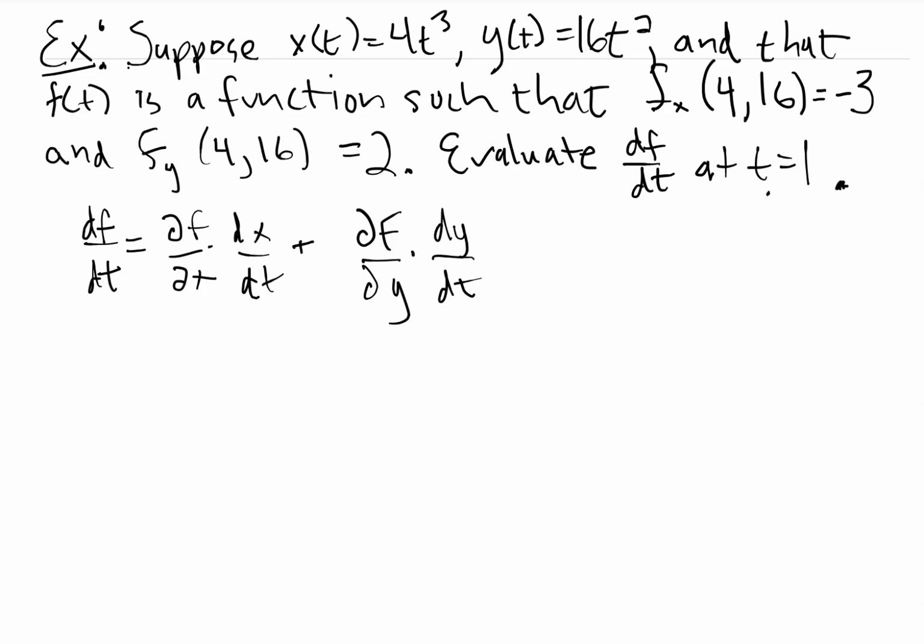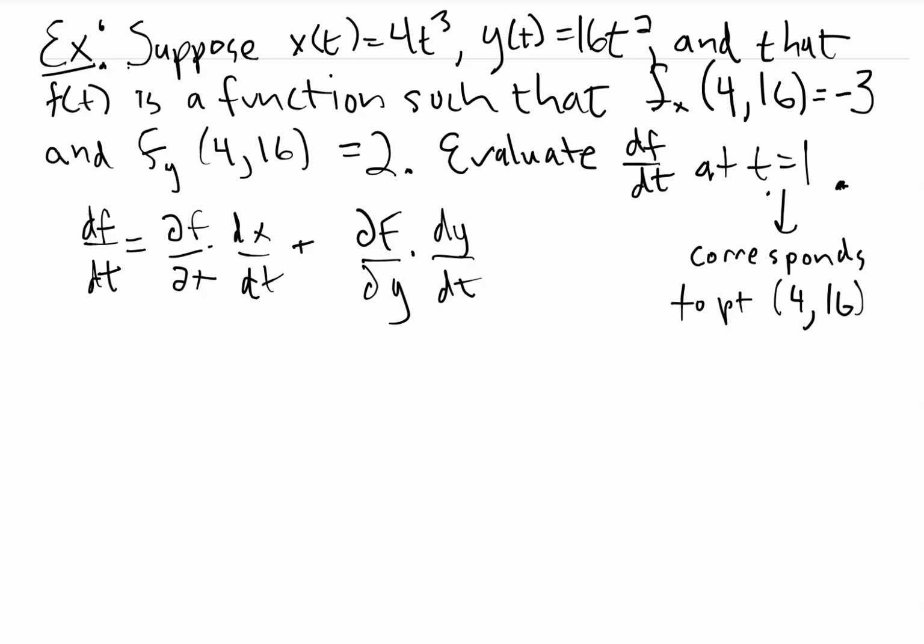One thing that I'll note, which is why all of this is given to you in this particular problem, is that t equals 1 corresponds, if you actually plug it into your x and y coordinates, to your point: 4 times 1 cubed, which is 4, and 16 times 1 squared, which is 16.